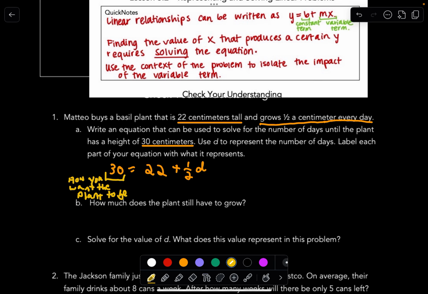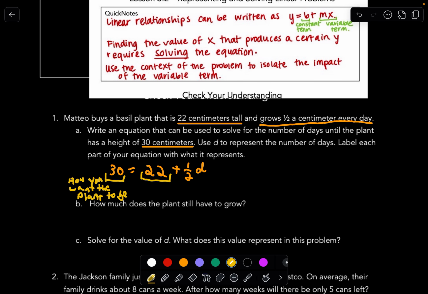This 22 is how tall it is now. And then the 1/2 D is the growth over D days.